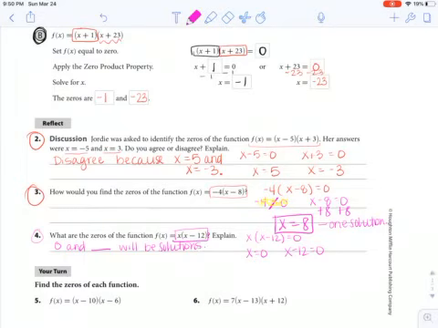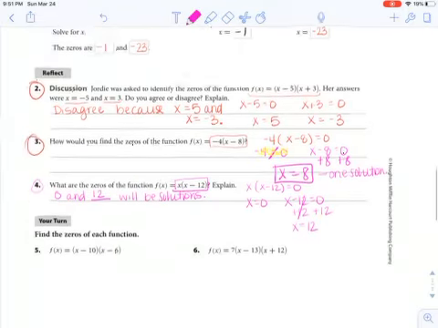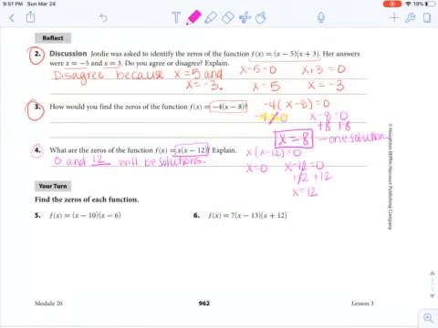Now we just need to solve x minus 12 equals 0. So we add 12 to both sides, and we get x equals 12. And so we know that 0 and 12 will be solutions for this function because they're the zeros of the function.